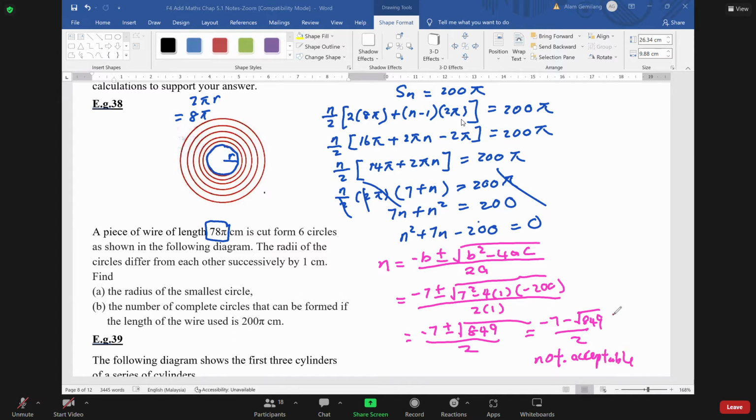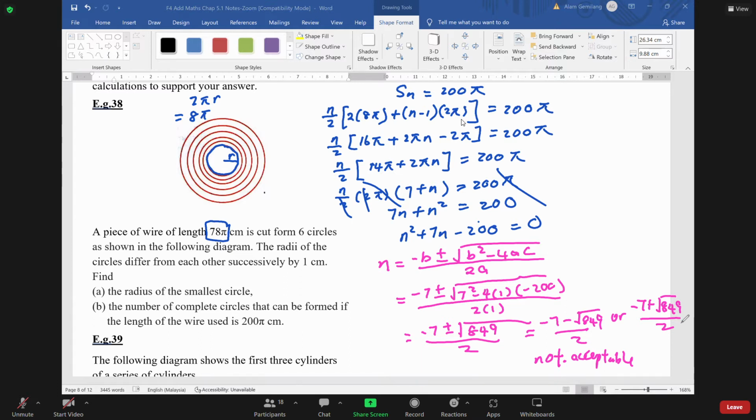So you use the other one: negative 7 plus square root of 849, divided by 2. So what's the answer? Square root of 849, then minus 7, divided by 2.